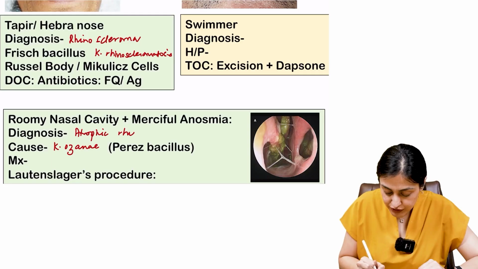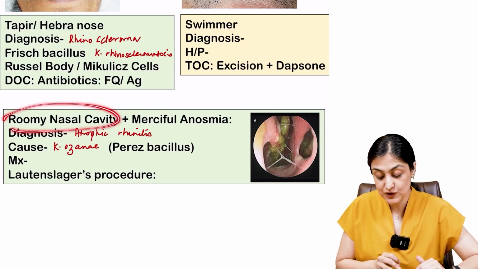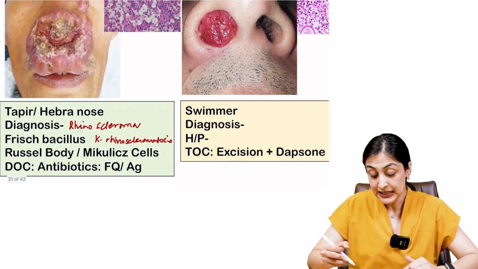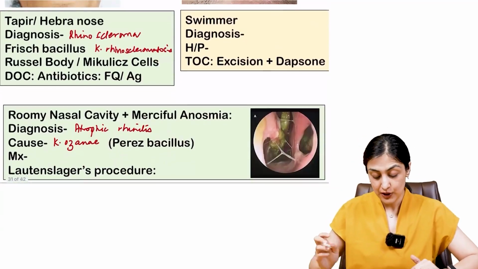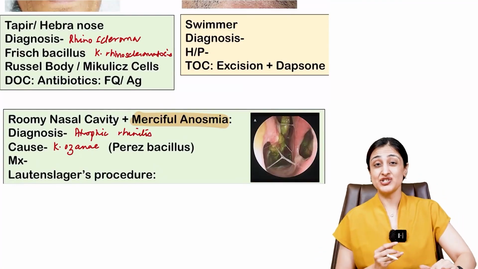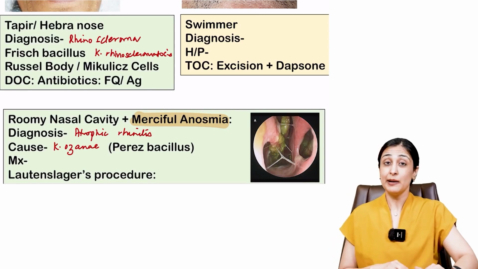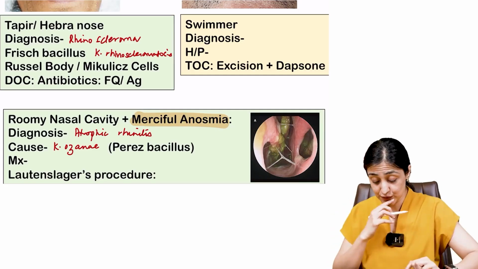All right, so both atrophic rhinitis and rhinoscleroma will have this roomy nasal cavity, but the external appearance is only like this in rhinoscleroma. All right, so here the buzzword is merciful anosmia. The patient will smell very bad, okay, but he himself has anosmia, so he will not know. So that's called merciful anosmia.